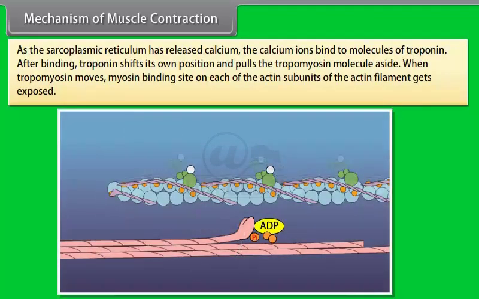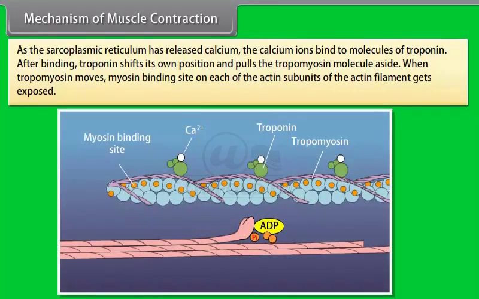As the sarcoplasmic reticulum has released calcium, the calcium ions bind to the molecules of troponin. After binding, troponin shifts its position and pulls the tropomyosin molecule aside. When tropomyosin moves, the myosin binding site on each of the actin subunits of the actin filament gets exposed.